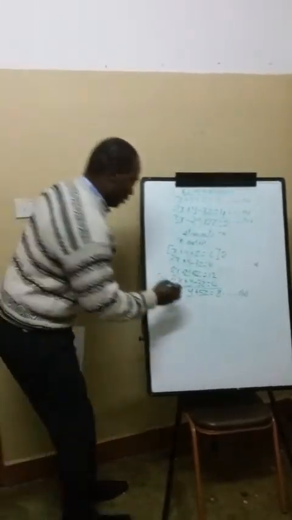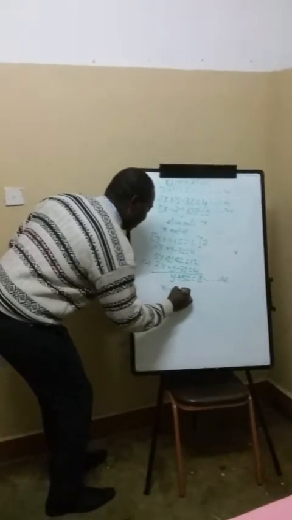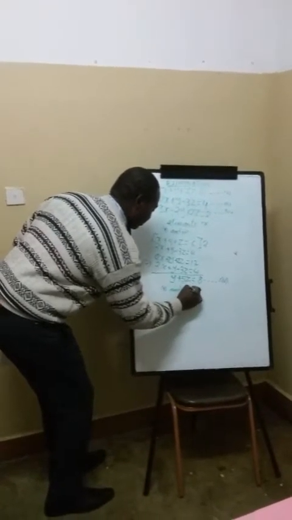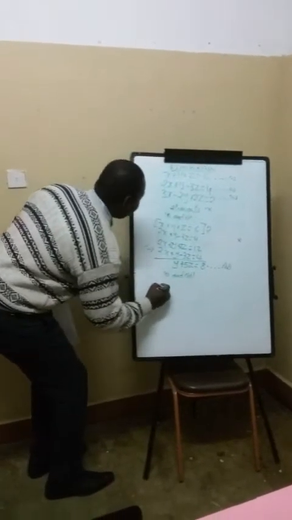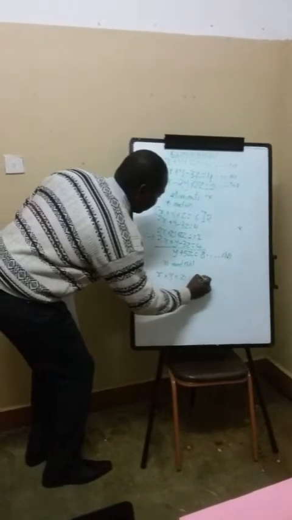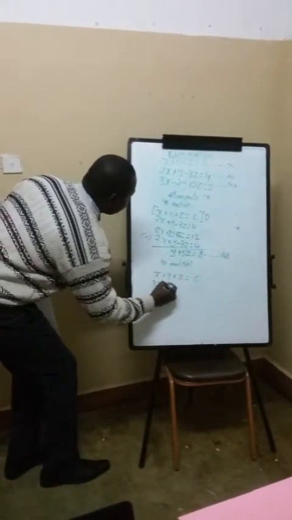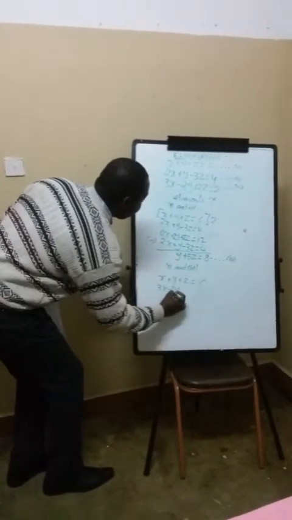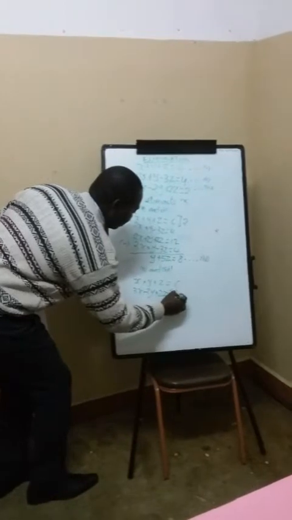Next we're going to eliminate x in equations 1 and 3. In equation 1, we have x plus y plus z equal to 6. And in equation 3, we have 3x minus 2y plus 2z equal to 2.